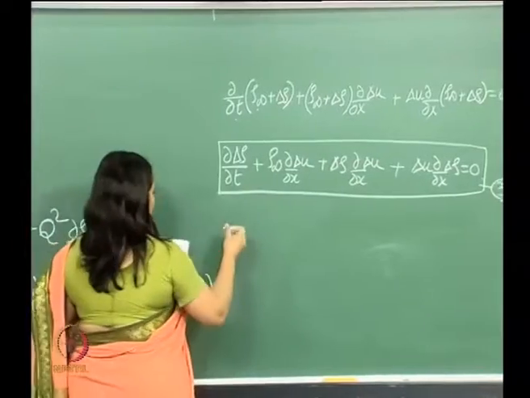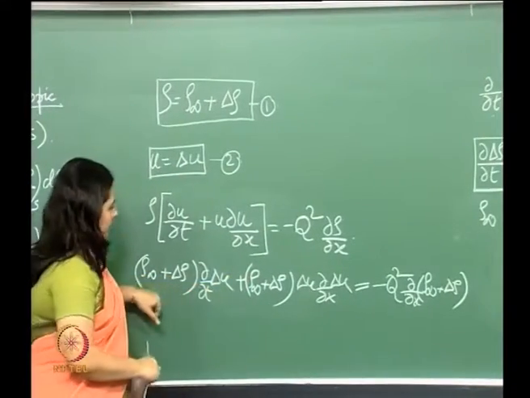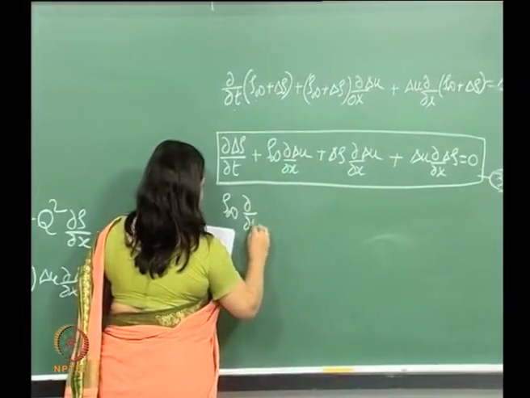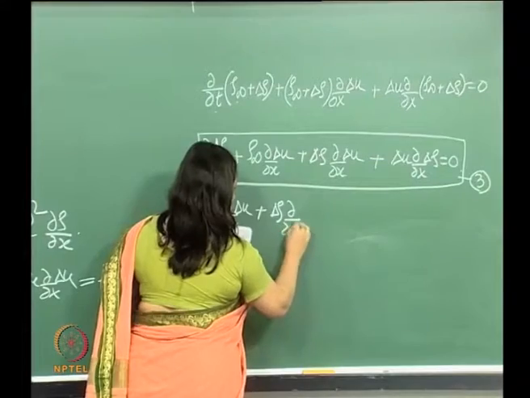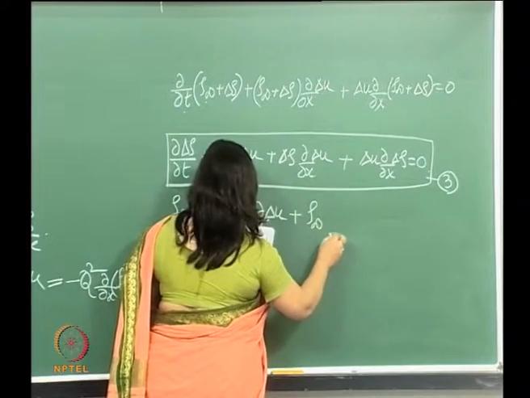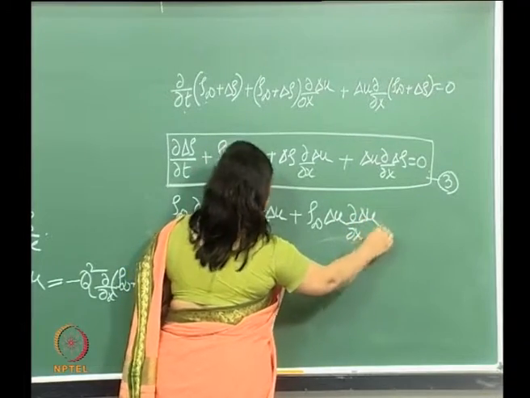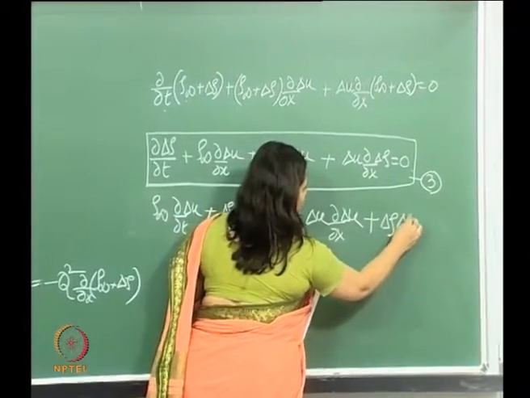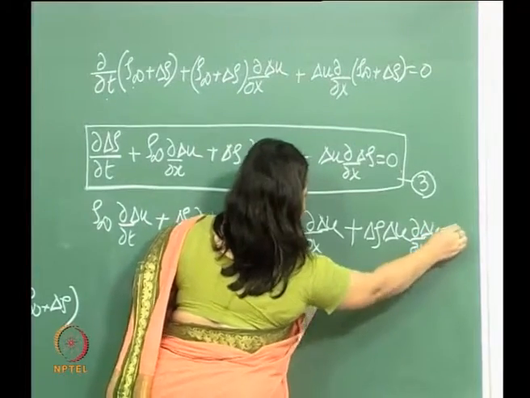So, if I write this, what I get is, so you can see that basically I am going to expand this and incorporate q square, which I just derived. If I do that, what I get is, okay.